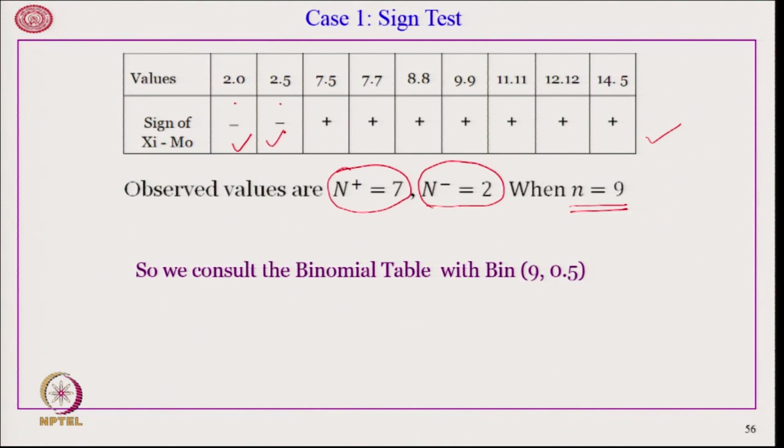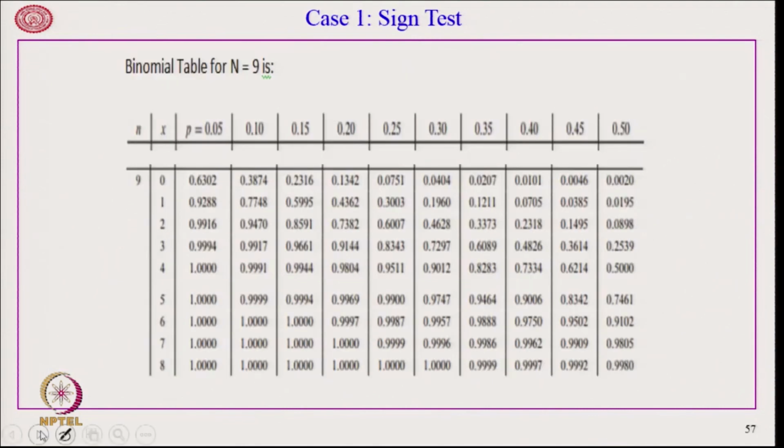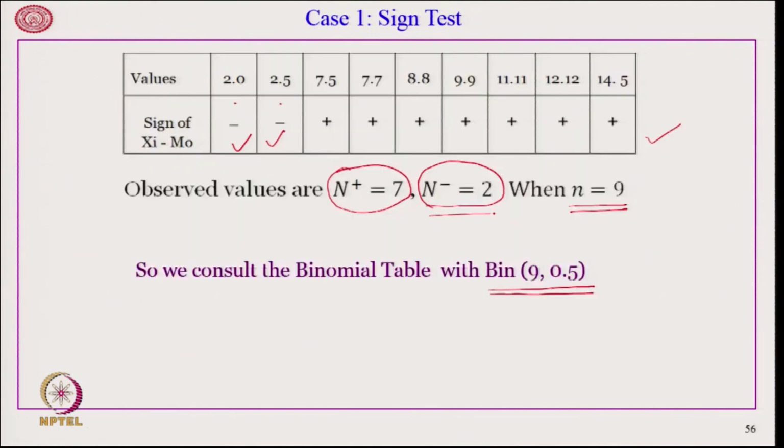Therefore, what we have to do? We have to look at the binomial table with parameters 9 and 0.5 and see whether we can accept the null hypothesis or reject. So, this is the binomial table, and we have got n minus equal to 2.